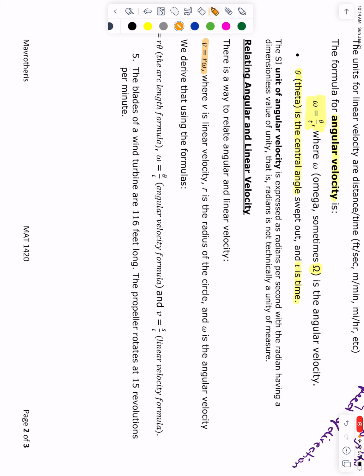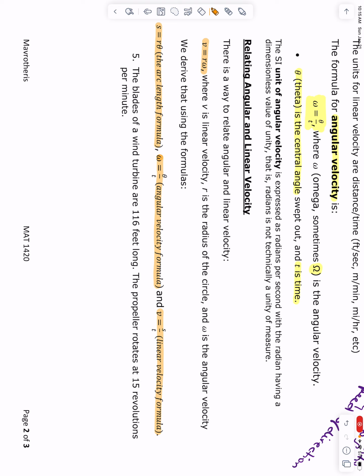Okay. And then we also have all of the formulas down here. So here's our arc length, S equals r theta. Here's our angular velocity, omega equals theta divided by t, and our linear velocity, v equals s divided by t.